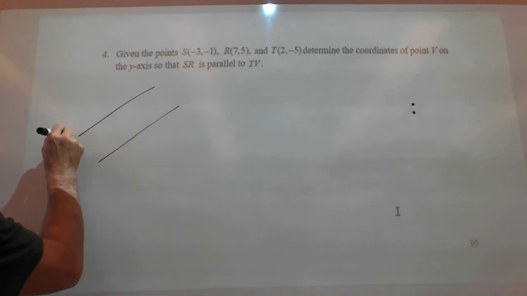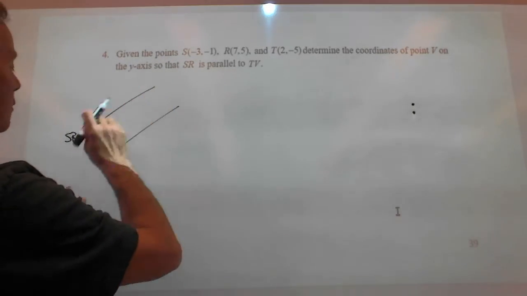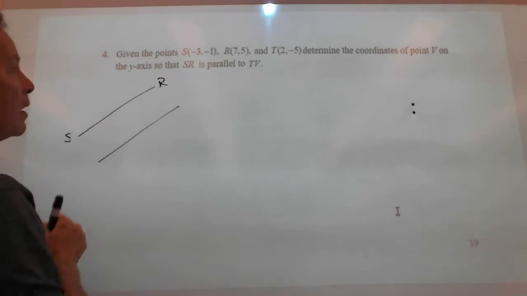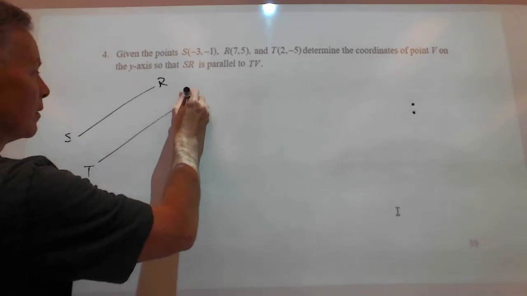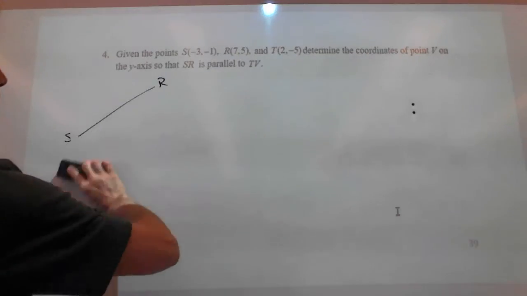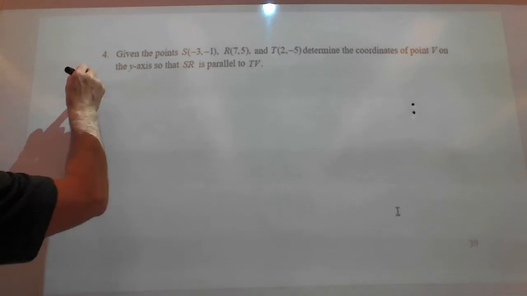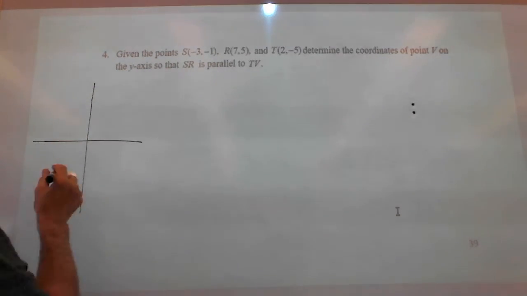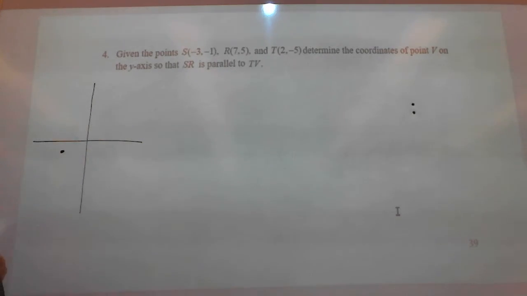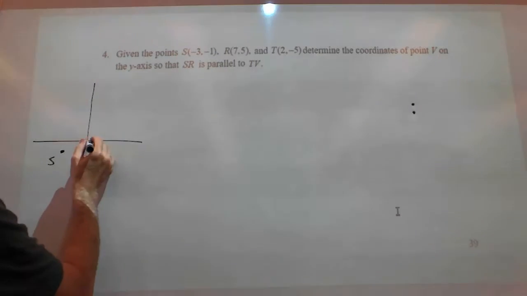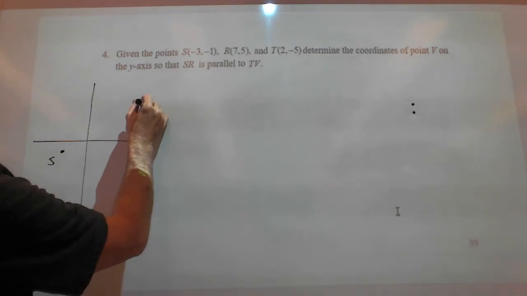One of them is labeled SR, and one of them TV. Okay? Let me just make this a little bit more accurate. So we have a point S at -3 and 1, which is about here. And R, which is at about 7 and 5, about here.